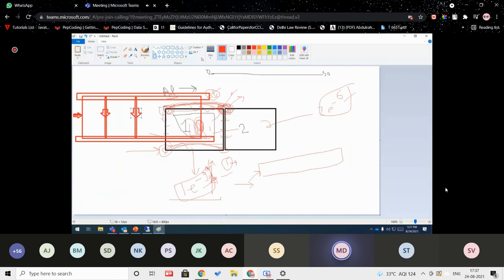When I say negative volume, let's suppose this is an element and you are applying load from this face. When you have applied this load, this element got crushed and this length, the one on this side, has gone to this point.